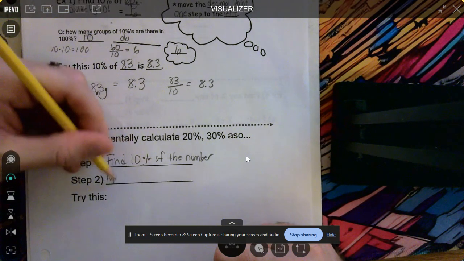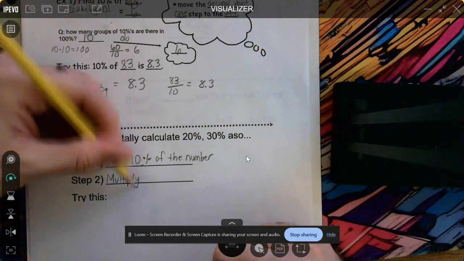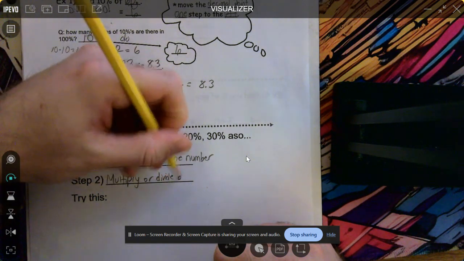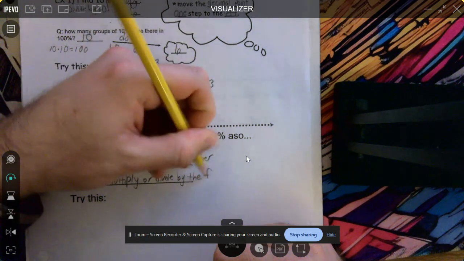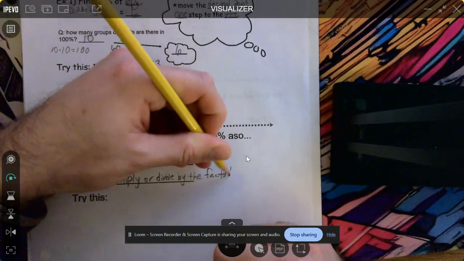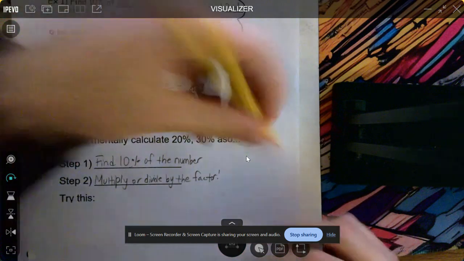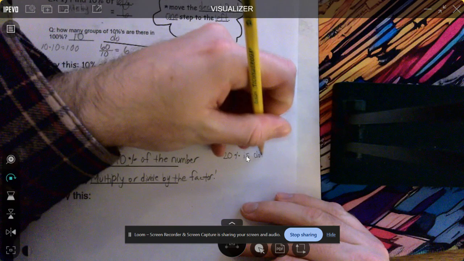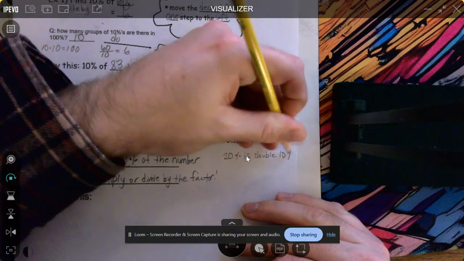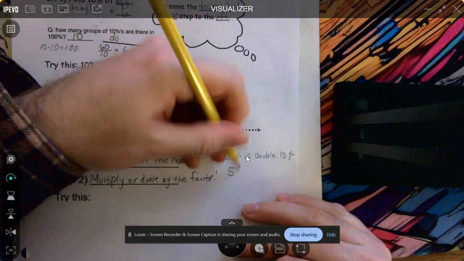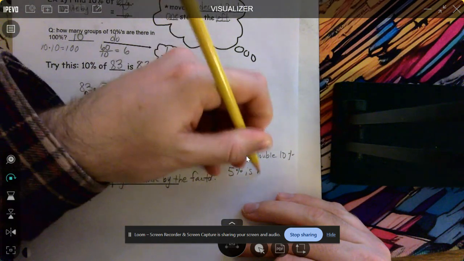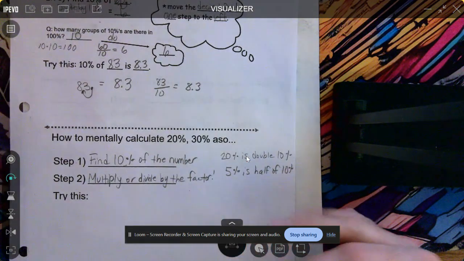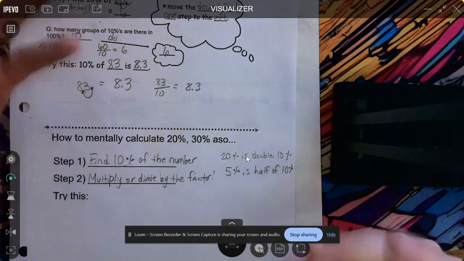Then we can multiply or divide by the factor or the k value. You can think of it as the k value. So for example, 20% is double 10%. What about 5%? 5% is half of 10%. And so on. So you might be able to multiply or divide to find your answer.